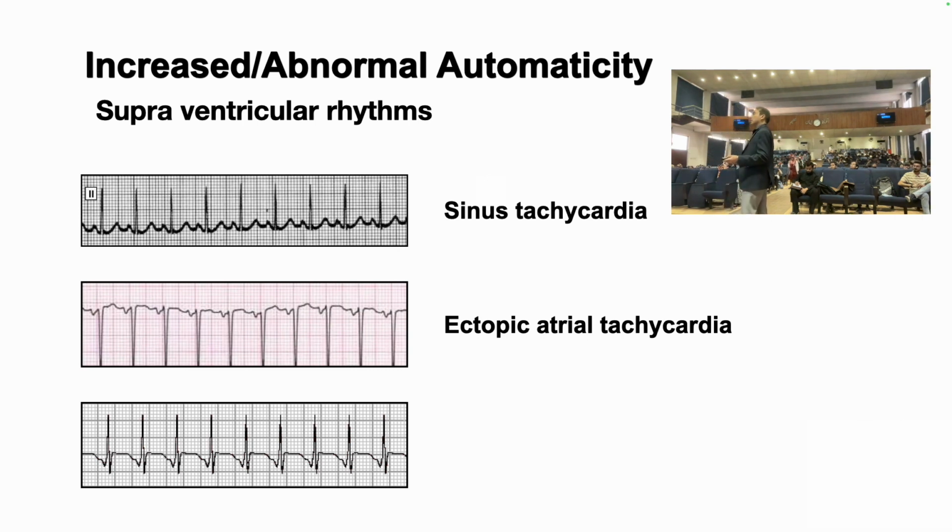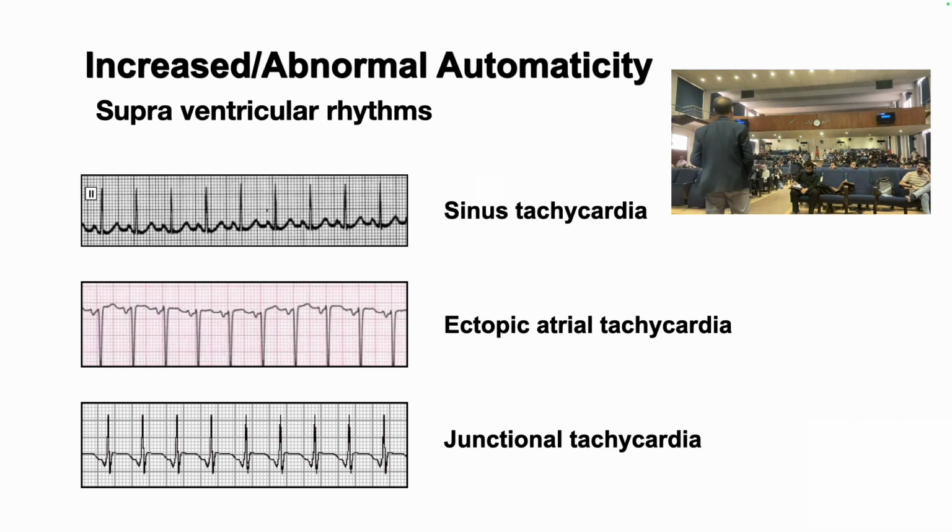And then you have the third picture, which shows junctional tachycardia. What is junctional tachycardia? It is coming from the AV node. If the patient has tachycardia that's coming from the AV node, it's called junctional tachycardia. Now, what are the features of junctional tachycardia? The P wave will not be there. Why will the P wave not be there?